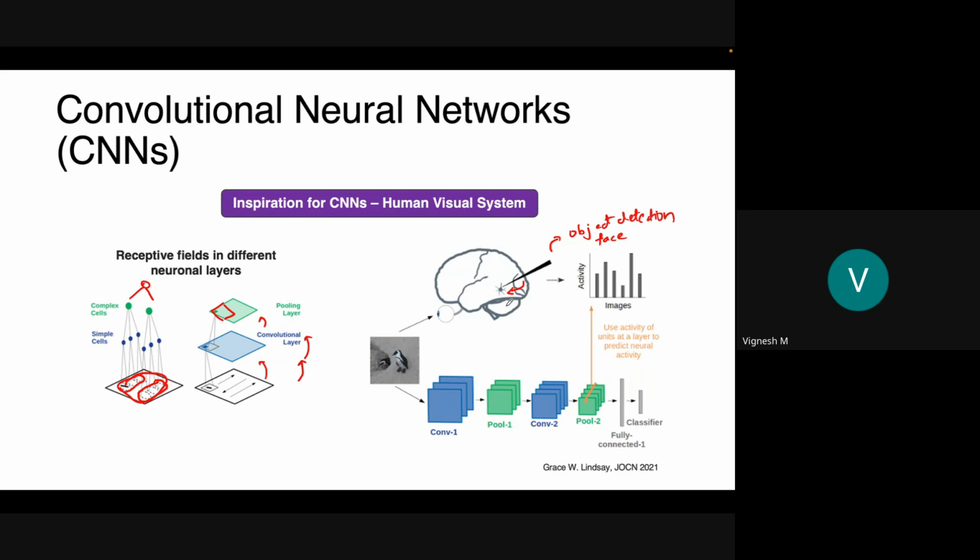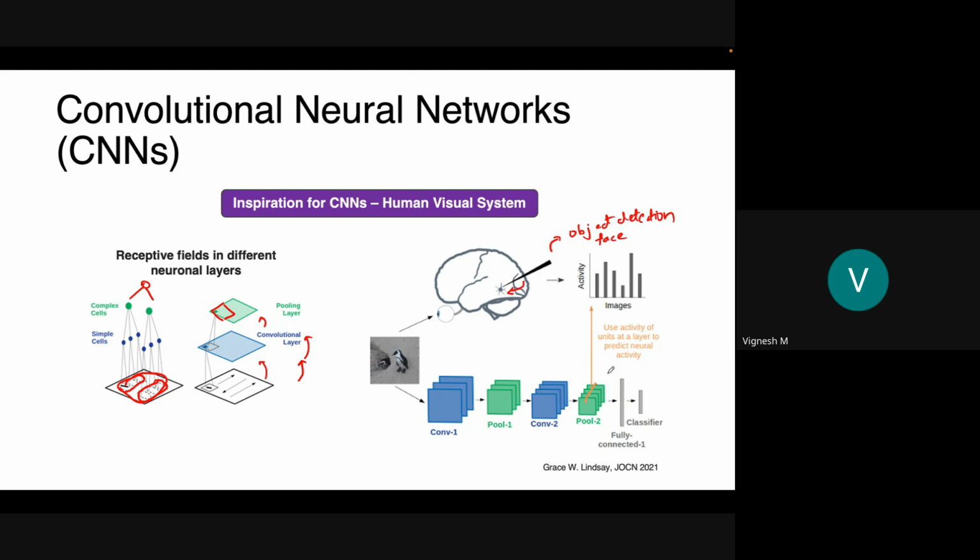Very likely that there is a classifier there sitting and trying to understand what these different representations mean. And if you look at the activity that's just prior to these levels, then you can correlate them with the activity of what is seen in the brain, right?